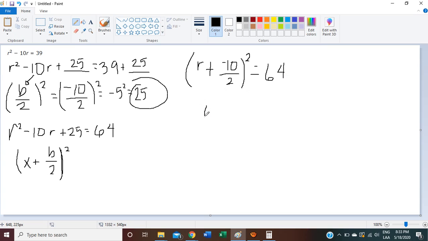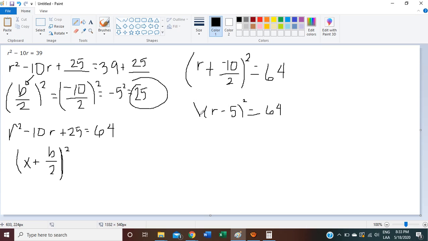So for r, the answer is going to be negative, because positive and negative equals negative 5, raised to the power of 2, equals 64.